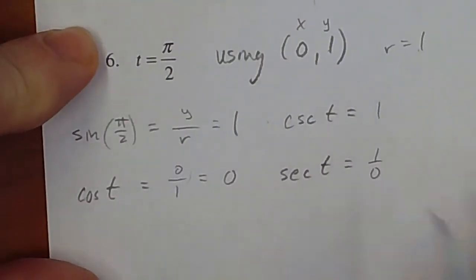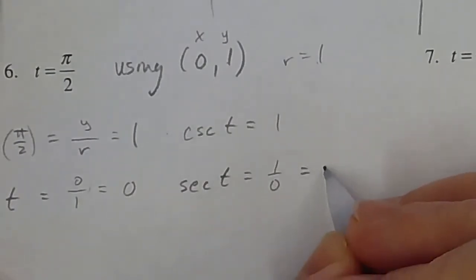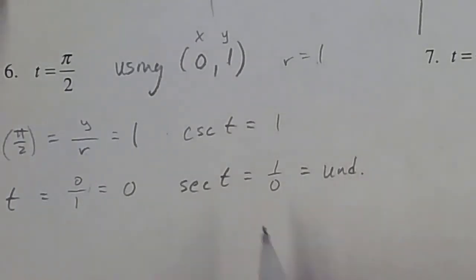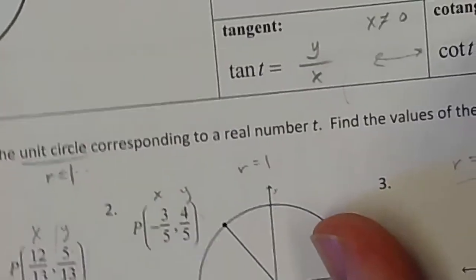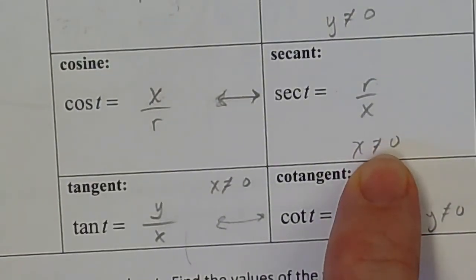That's 1 over 0. We can't divide something by 0, so what we say is it's undefined. You can just write UND to abbreviate that, but this is undefined for secant. That's going to happen sometimes. That's why we wrote that down on the previous page yesterday, that sometimes it might not be defined when x is 0. And that's what happened.